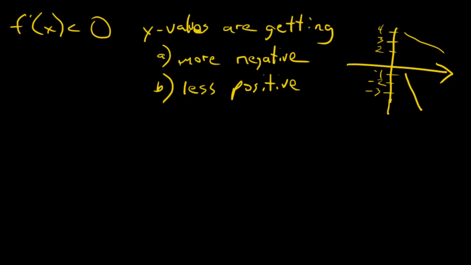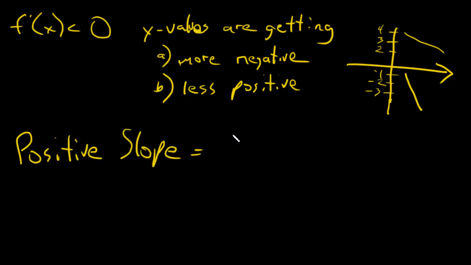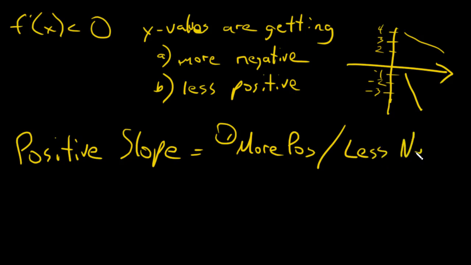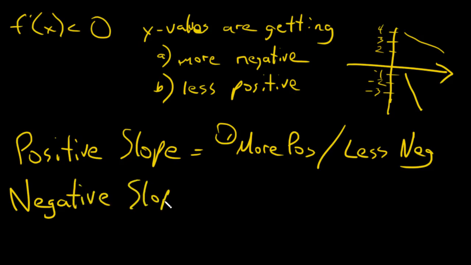Okay, so a positive slope, I want to rewrite this, equals more positive or less negative, and a negative slope equals, I don't know why I put that 1 there, it doesn't really belong.